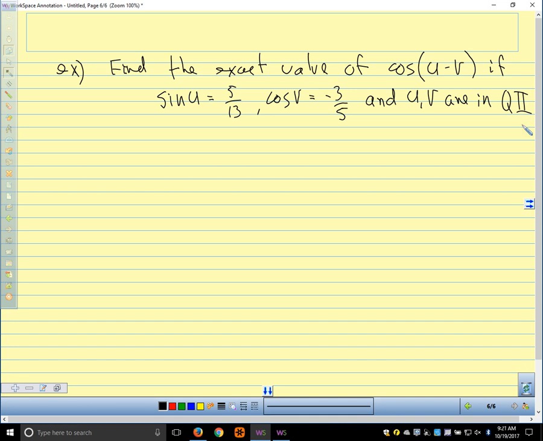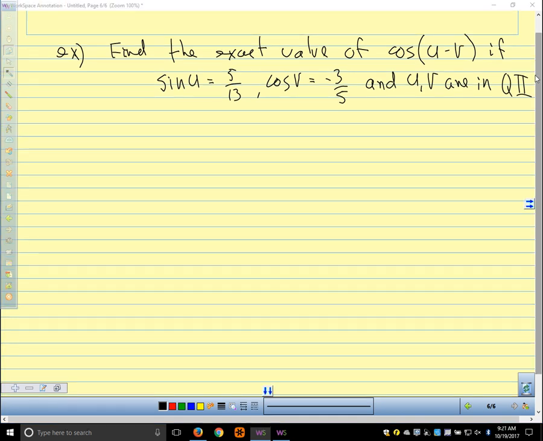All right, anybody want to guess what this example has to do with? Triangles, yes. It's my favorite kind of example with trigonometry, is when we actually get to use triangles.